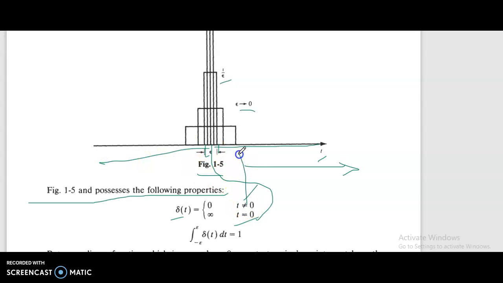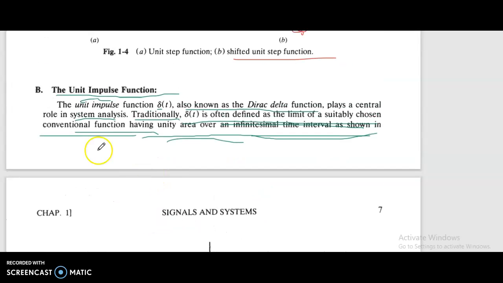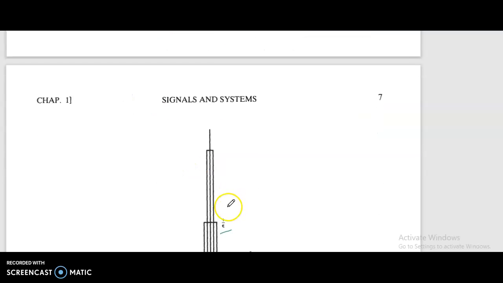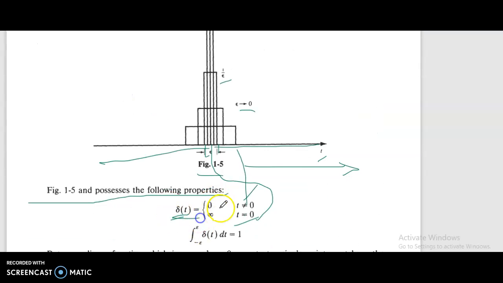Where t is not equal to 0, the unit impulse function delta of t is 0. Where t equals 0, only at this point, delta of t equals infinity.